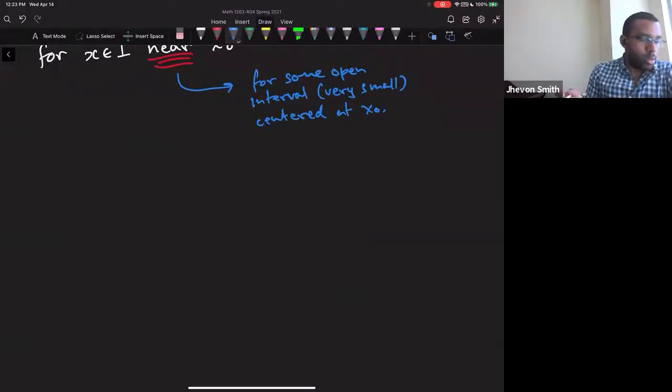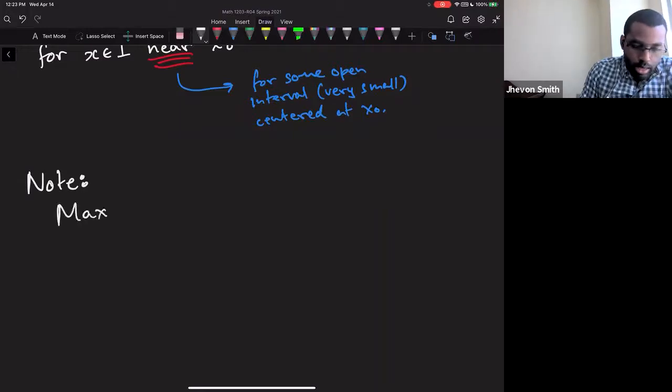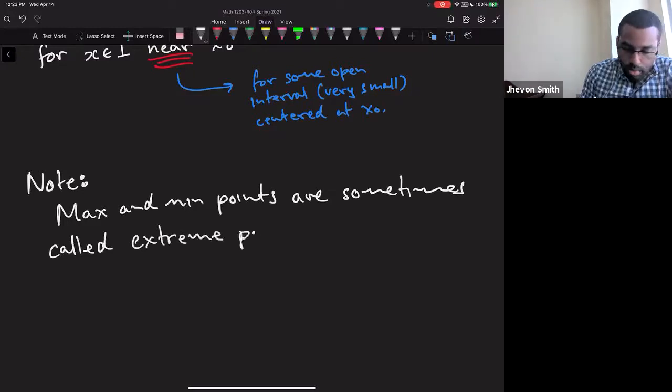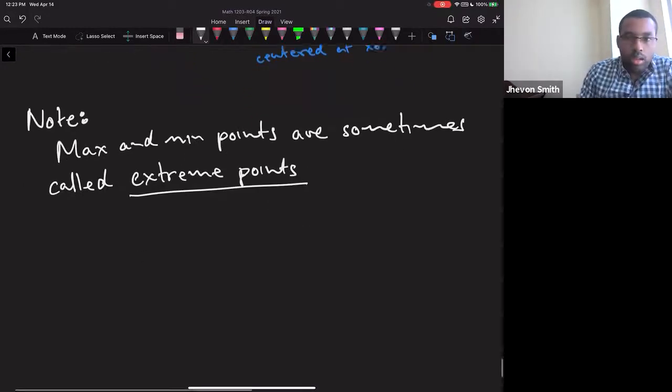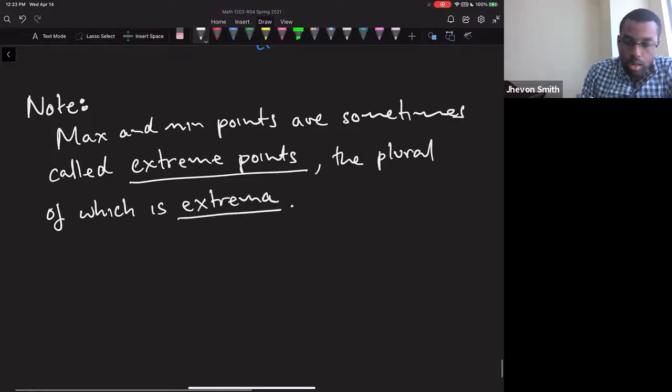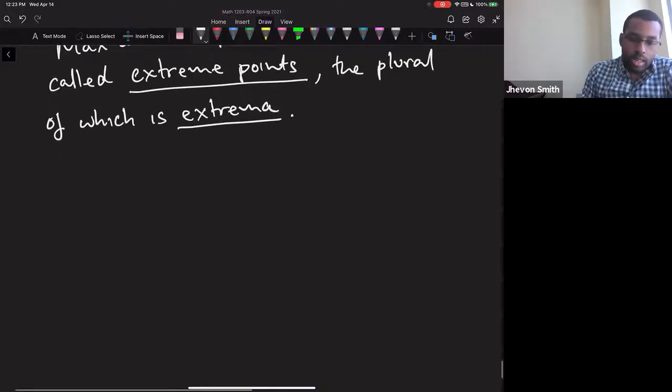That's pretty much it, but I want to tell you another name for these things. I want you to note max and min points are sometimes called extreme points, the plural of which is extrema. So you can have things phrased a different way.